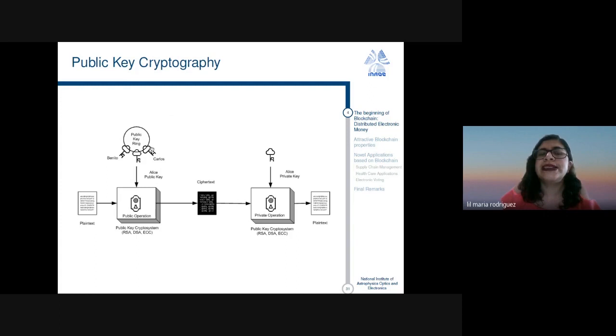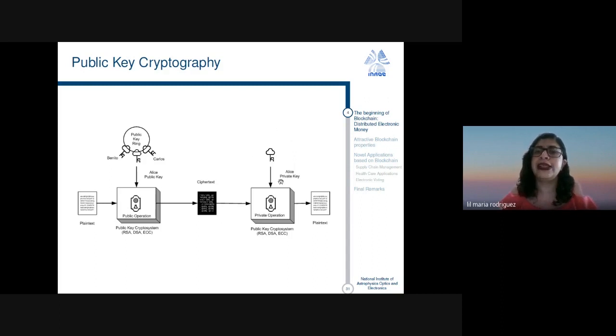So the sender needs to find the correct public key, maybe taking this key from the public key ring, get from there Alice's public key and apply a cryptosystem, and then in the output we will get the ciphertext.